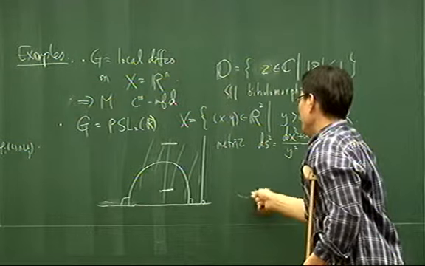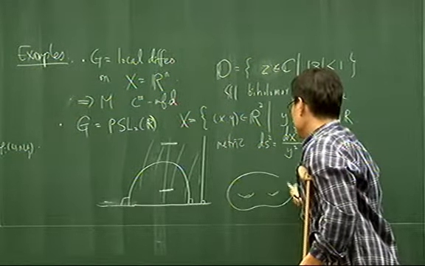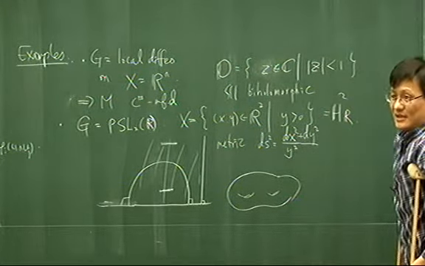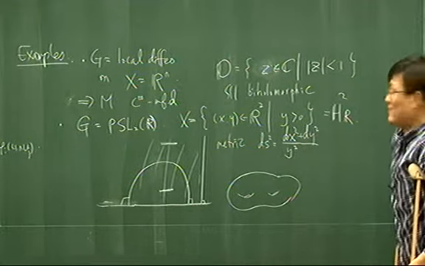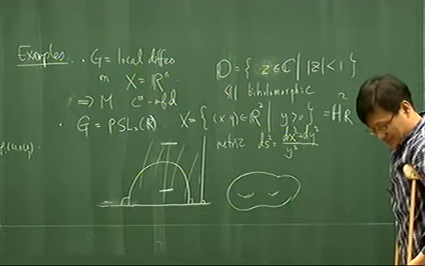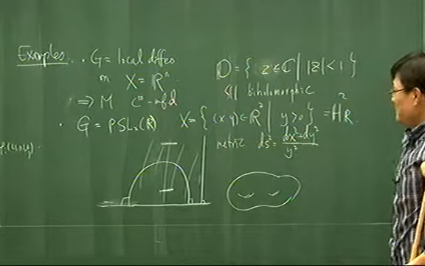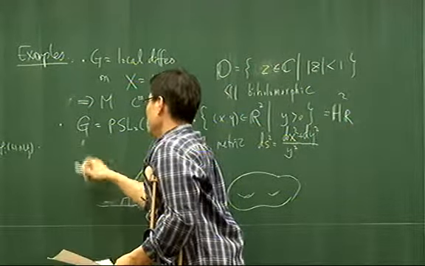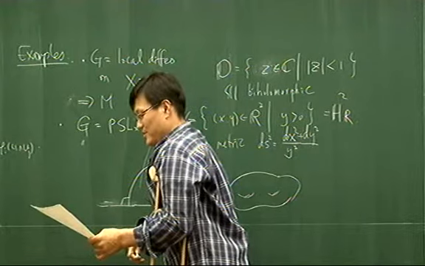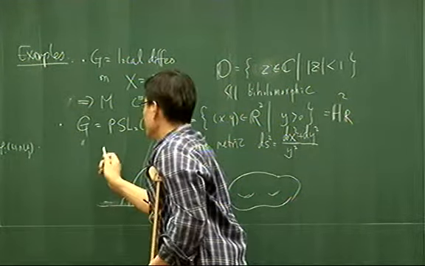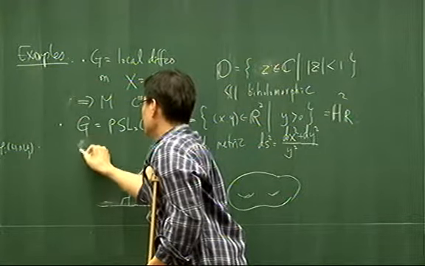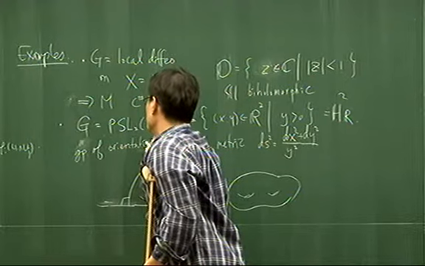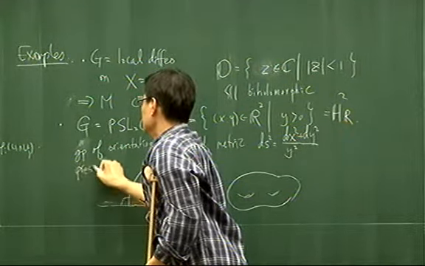Okay, so it is known that every surface of negative Euler number admits some complete hyperbolic metric. So maybe I'll just say G is a group of orientation preserving isometries.